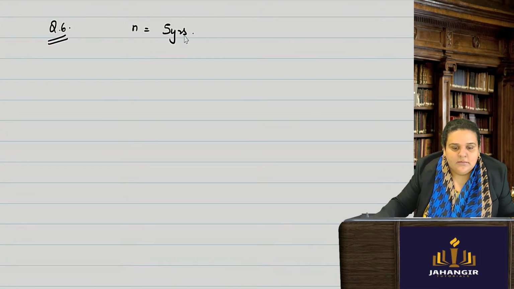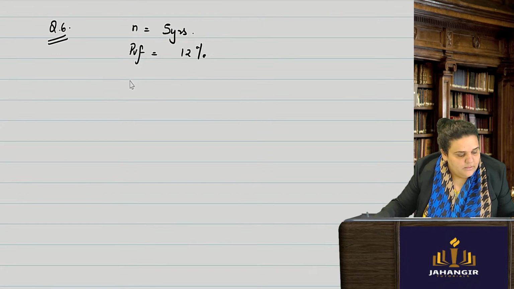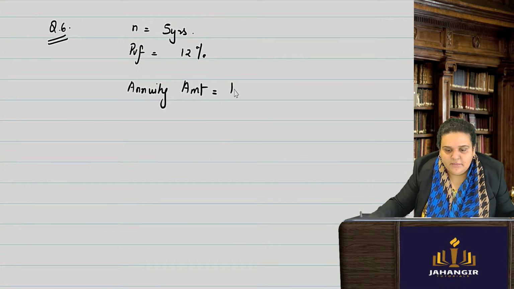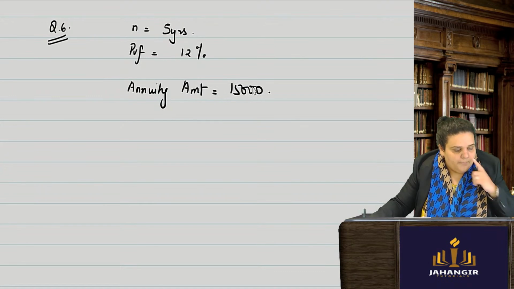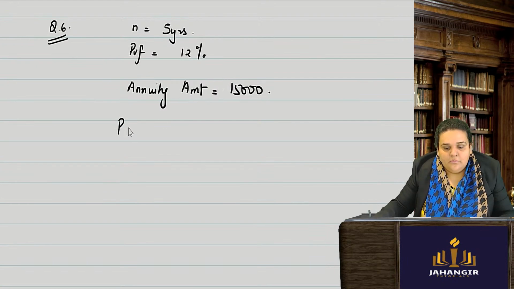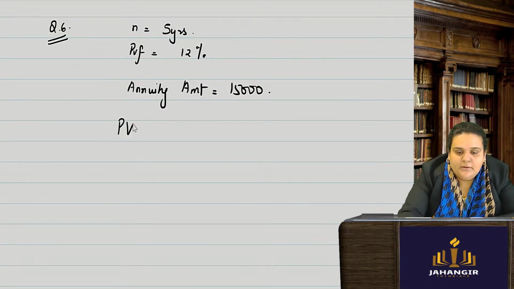They have given me n is equal to 5 years. The PV factor they are telling me is 12%. And they have given me the annuity amount; the annuity amount today is 15,000. They are asking me the present value.